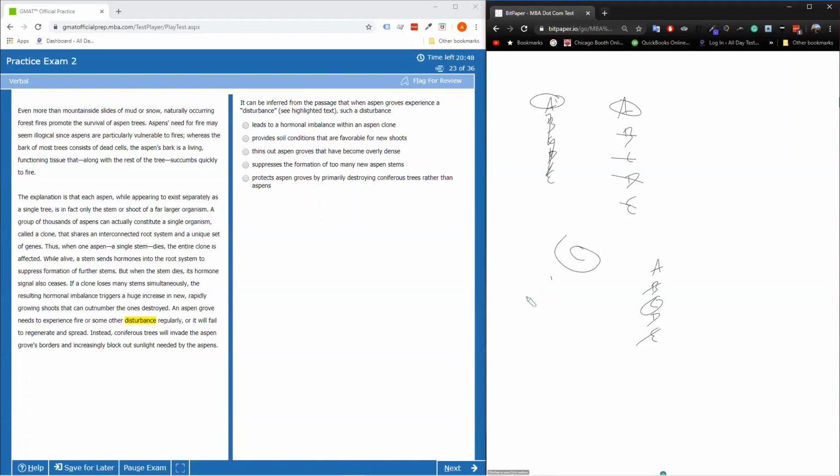What that triggers the new shoots to grow. Soil conditions are mentioned. Thins out aspen grows, and no, that's what would happen if they didn't regenerate. No, it triggers regeneration. No, A.